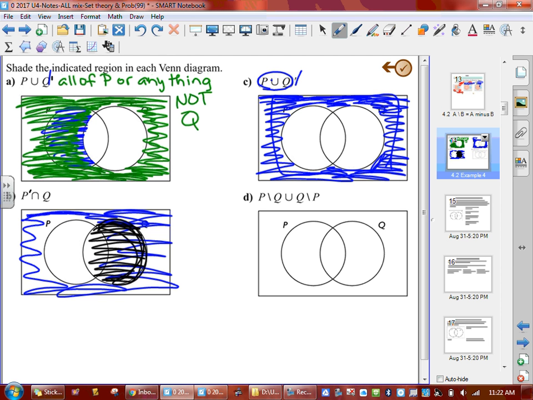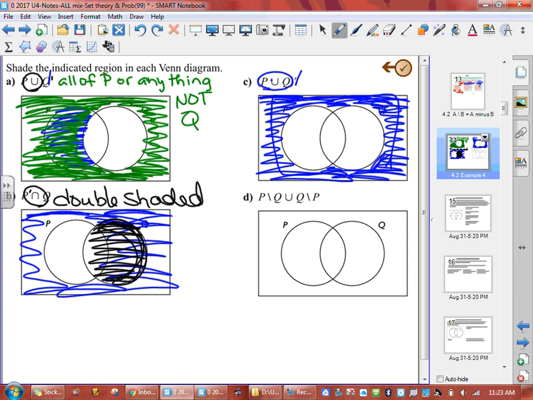And it's because there's a difference of the or symbol versus the and symbol. If it's the and symbol, you want the double shading. So the and symbol always is the double shaded part. The or symbol has to include both parts because it's this or that.